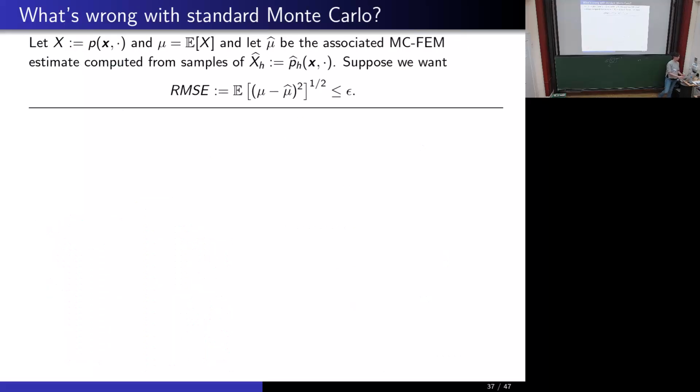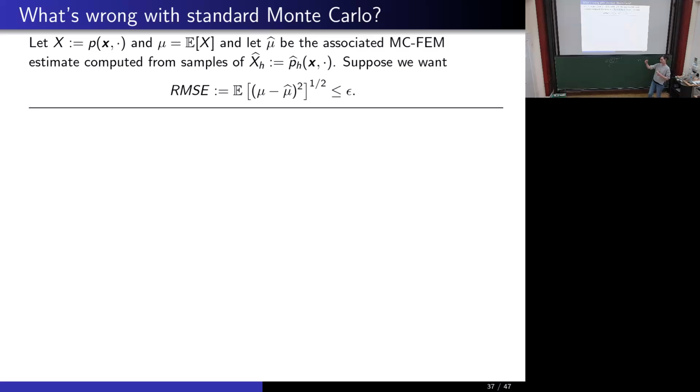So then X, capital X here, is a scalar valued quantity, and it's a random variable because the input to my PDE was random. And if I want to estimate the mean of that random variable with a Monte Carlo finite element method, then what am I doing? I'm generating samples not of X, I'm generating samples of some other random variable, let's call it X_h hat, and it's an approximation to X in two ways.